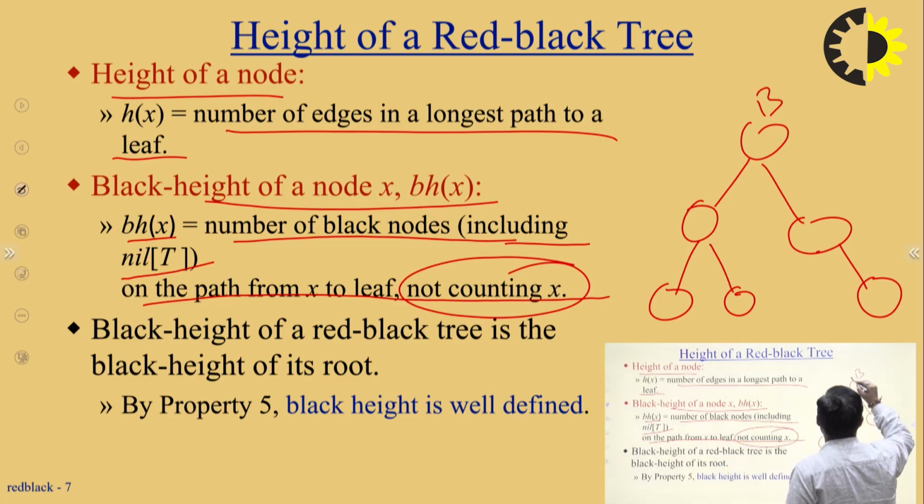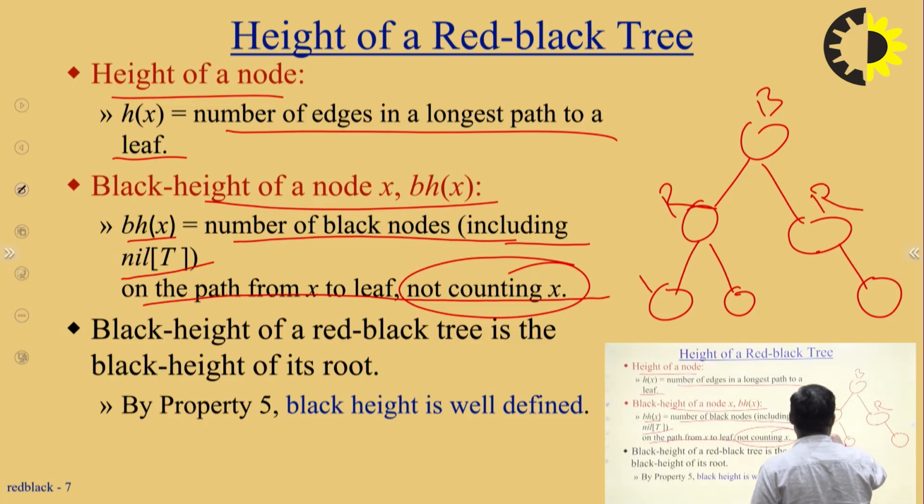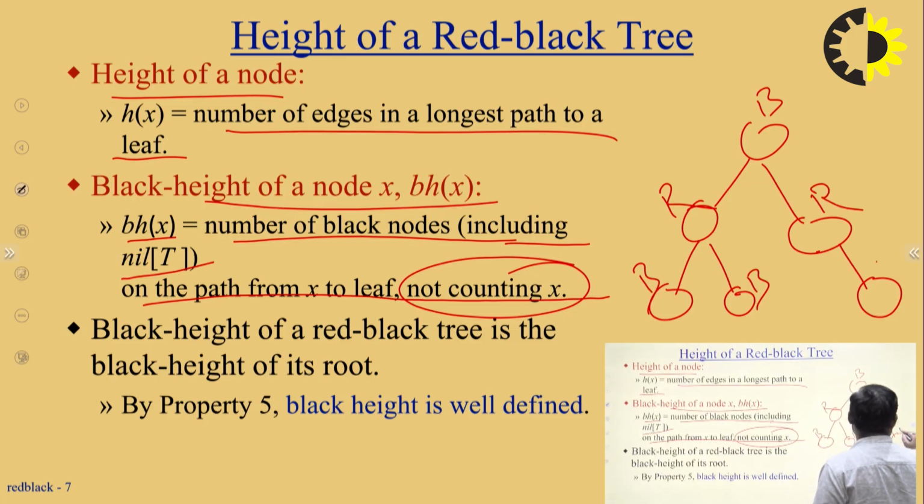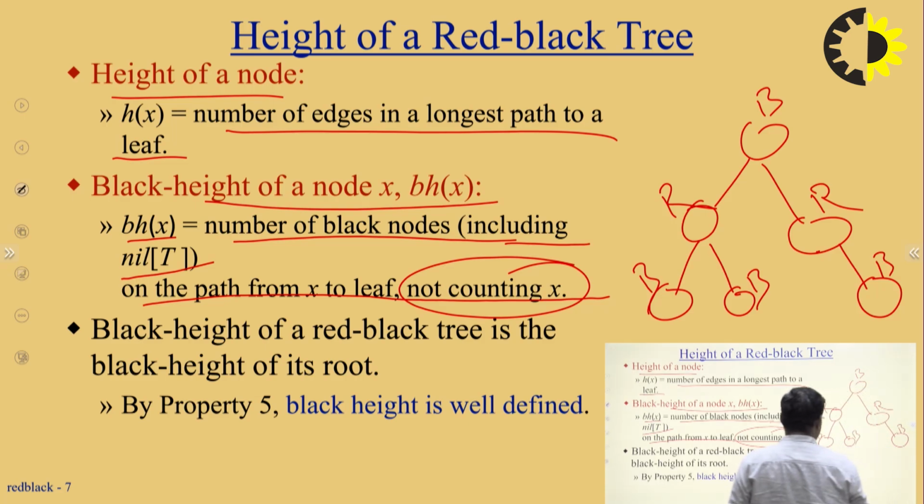It has black, red, red, black, black, black, then it also has nil, nil. All nil have black color.